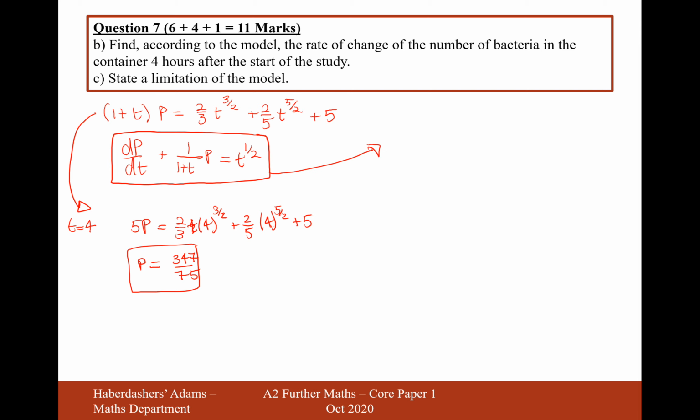And then I'm going to plug this value into this equation. So it's going to be dP/dt, and in fact I'm going to move this 1 over (1 plus t) times P onto the other side, so it's going to be 4 to the power of a half minus 1 over 5 lots of 347 over 75, which will give a final answer of dP/dt equals 1.075.